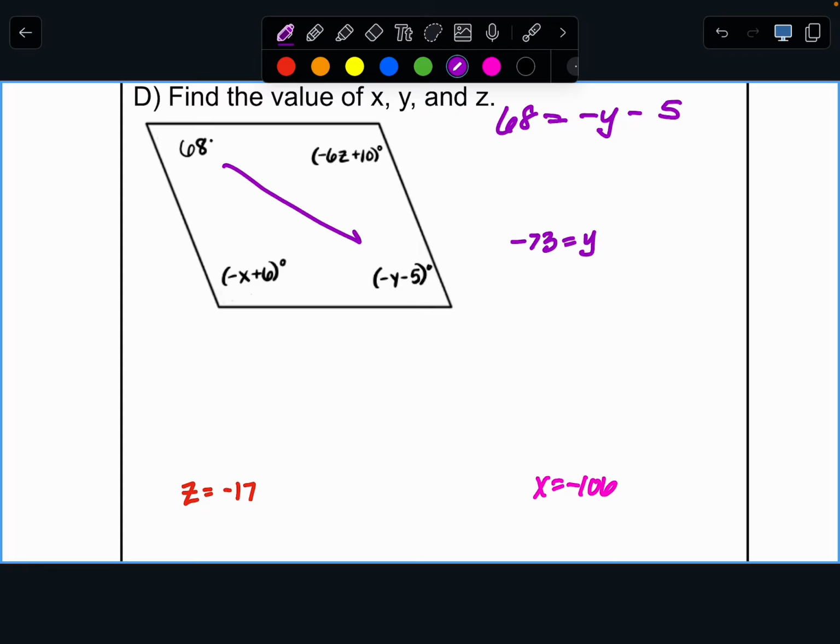First, I have the 68 and the y are congruent. So that's where that equation comes from.